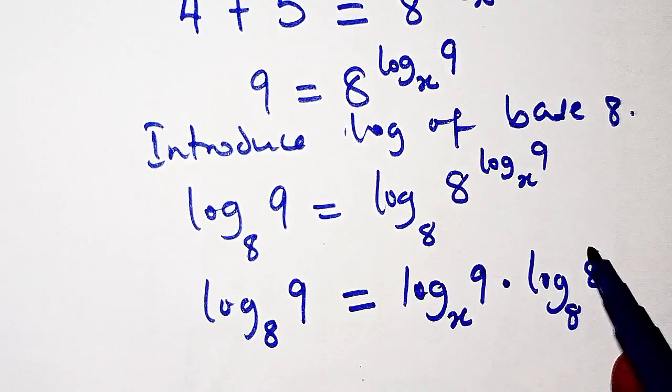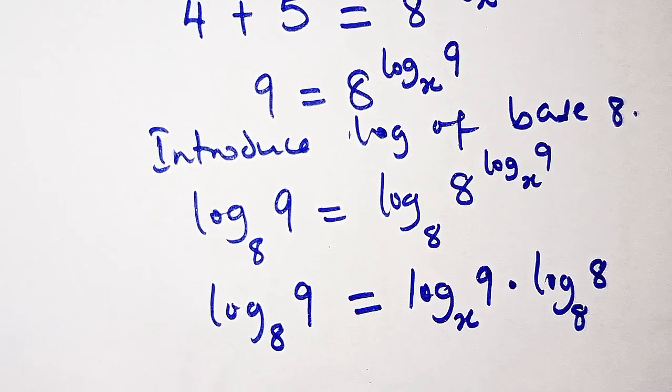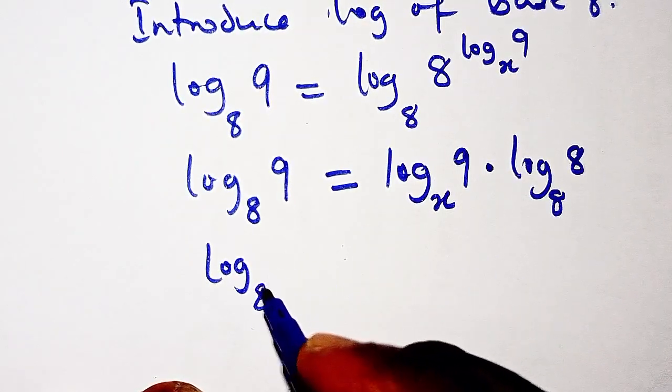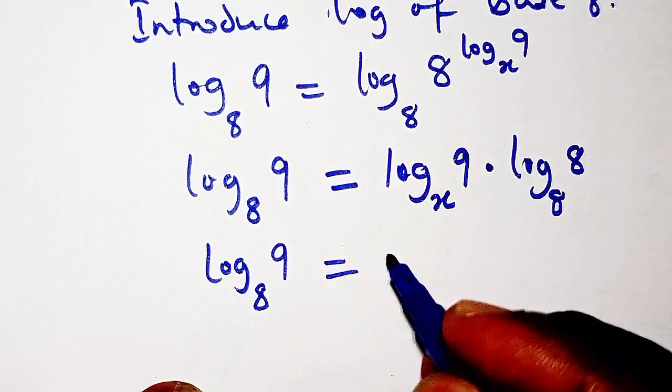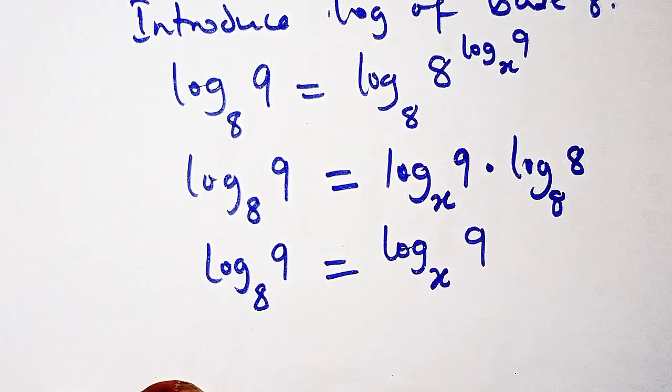And you know that log base 8 of 8 will give us what? 1. So we're going to have log base 8 of 9 equals log base x of 9.